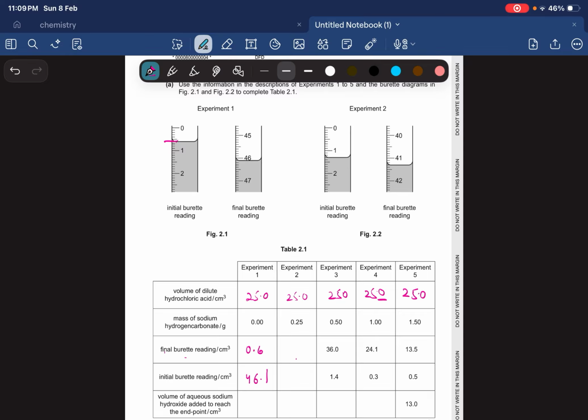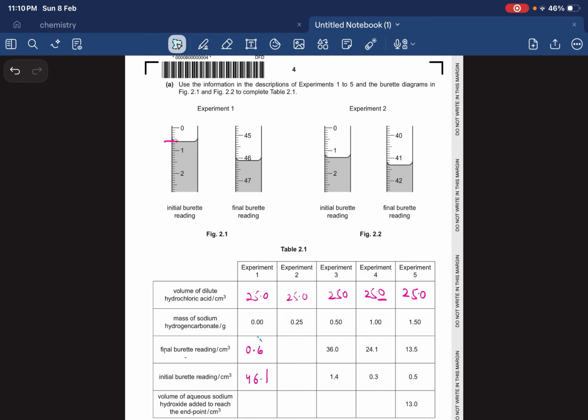Over here it's 1.123. That's the mistake I'm making. Bro, this one is initial and this one is final. That's the mistake I'm making. Please don't do this. Okay?